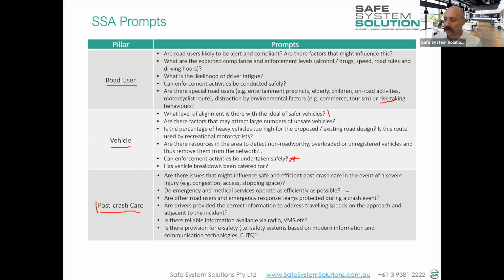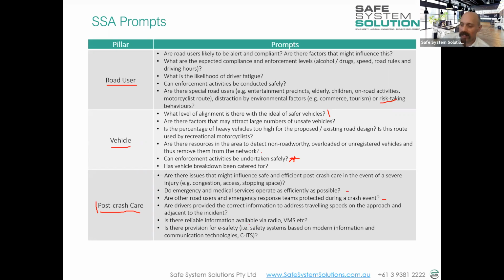Are road users and emergency response teams protected during the event of a crash, and are drivers provided correct information to address travel speeds on the approach and adjacent to an incident? Some of these are very sort of motorway style questions, or major freeway style questions, but they're asked and you think about them.